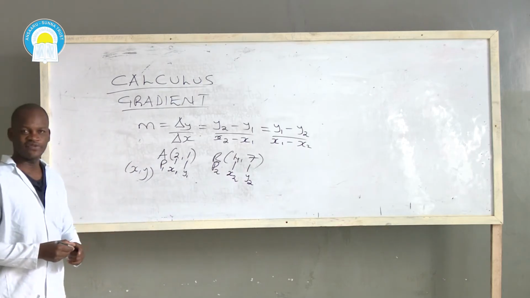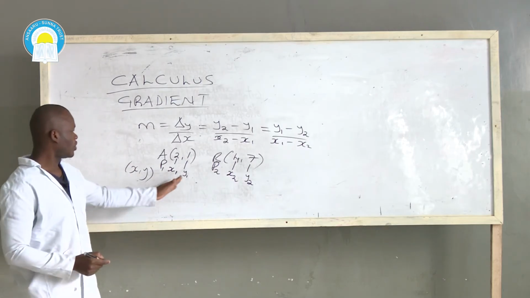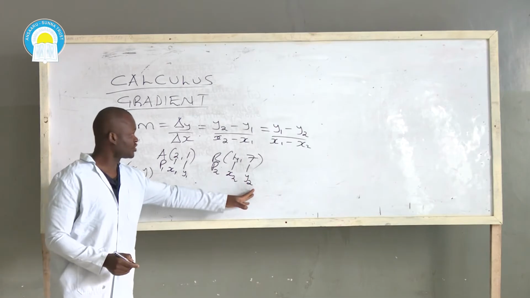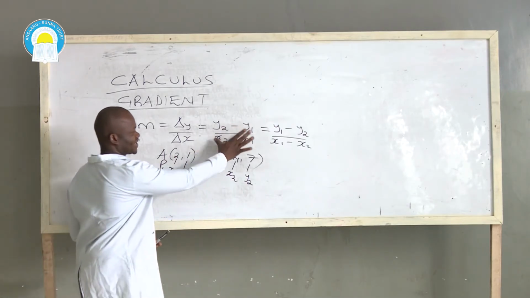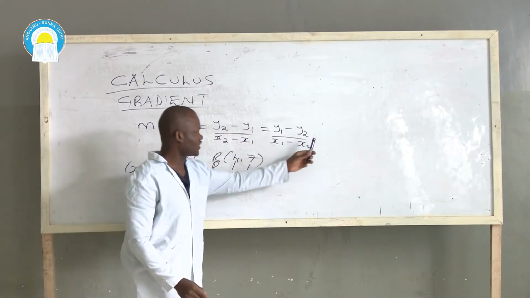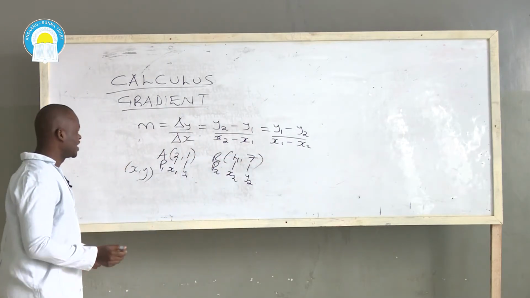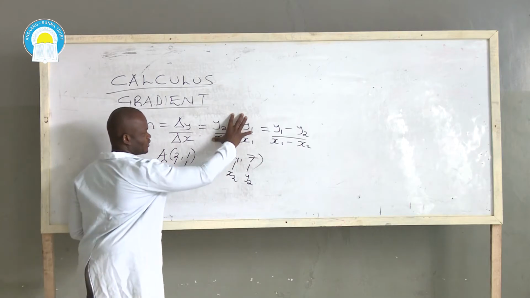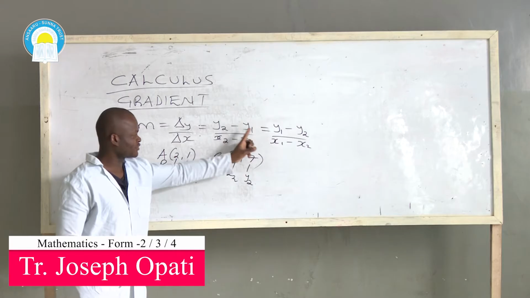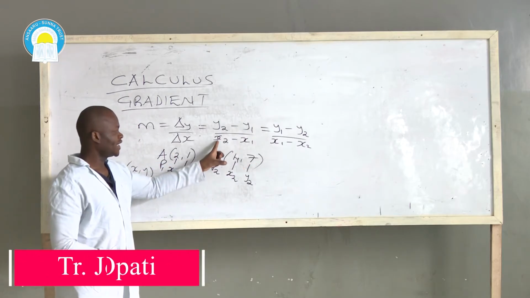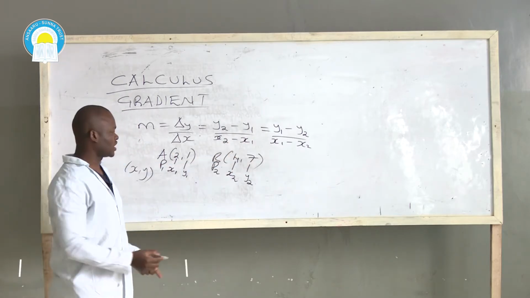Once you have identified your x1, y1, x2 and y2, to get the gradient, you can use either of the two forms. Let's begin by using this portion of the formula: y2 minus y1 over x2 minus x1.